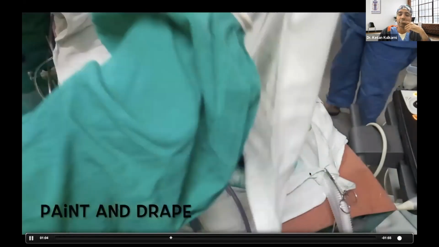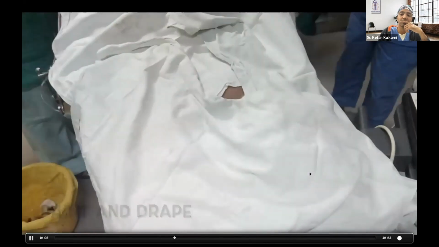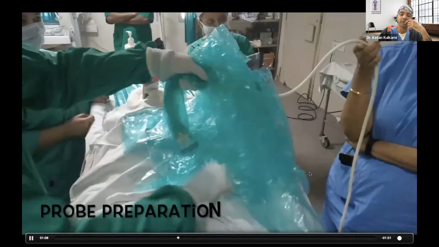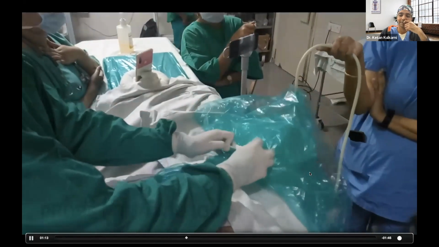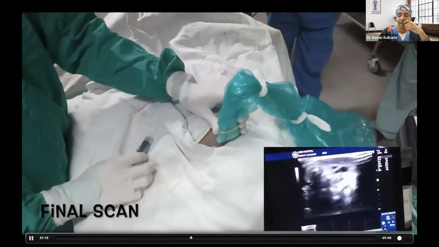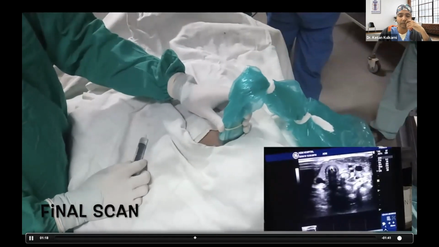This is our standard preparation, painting and draping, then probe preparation. And this is again our final scan.